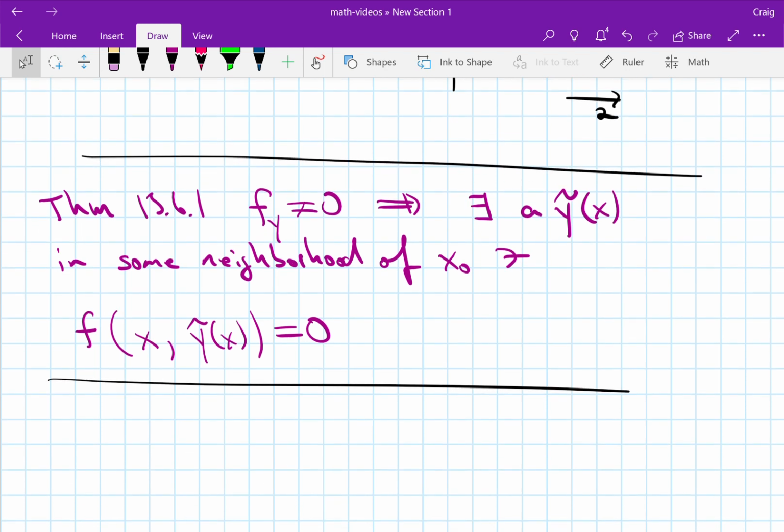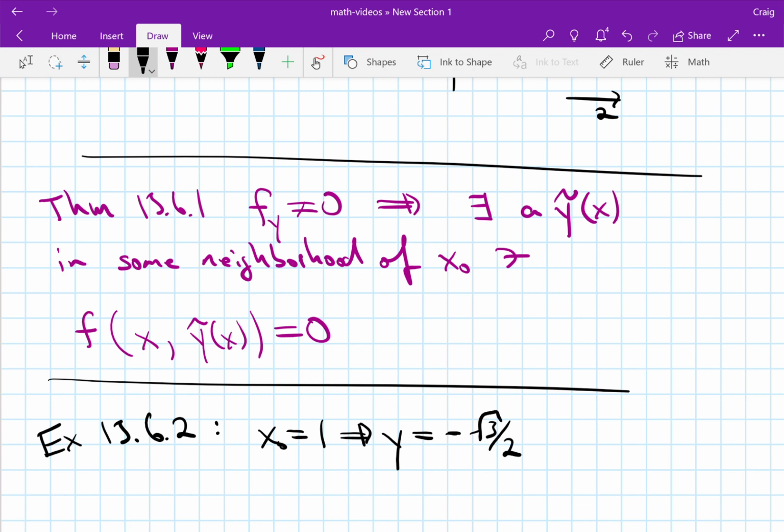In example 13.6.2, we're asked to consider the point x naught equals 1, and then we can determine that there is a y value that satisfies the constraint relation at x equals 1, and that y value is, well, it could be plus or minus, but let's say minus the square root of 3/2.